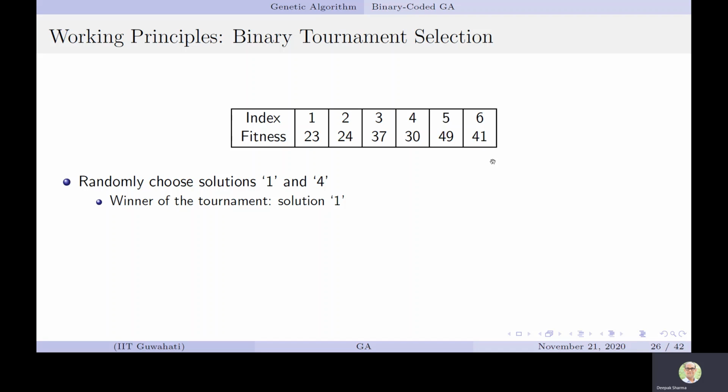What does this binary tournament selection do? As you can understand from the name, tournament means there is a match between two teams. If there is a match, there could be 3 outcomes. First, team 1 will be the winner over team 2. Second, team 2 will be the winner over team 1.